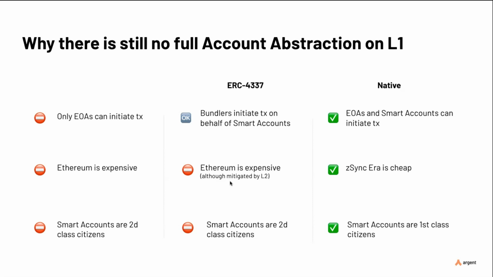Now, what does ERC-4337 do? It actually introduces this concept of bundlers. So the bundlers will basically bundle transactions. They will aggregate transactions coming from smart accounts, and they will initiate those transactions on the blockchain. So they kind of initiate them on behalf of the smart accounts.